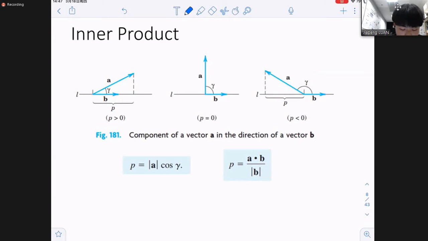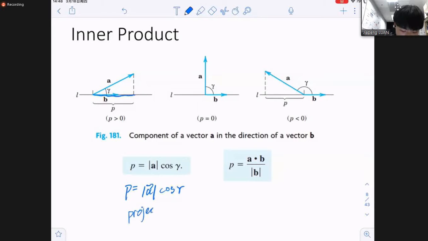It is actually the value of vector A norm times this cosine gamma. So that gives you this P. So you can call this a projection. Also, you can see a projection is also a scalar.